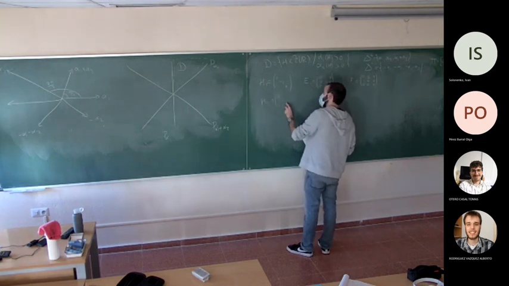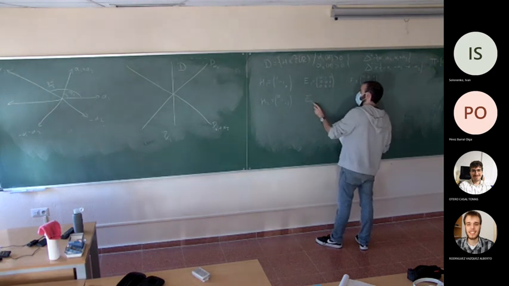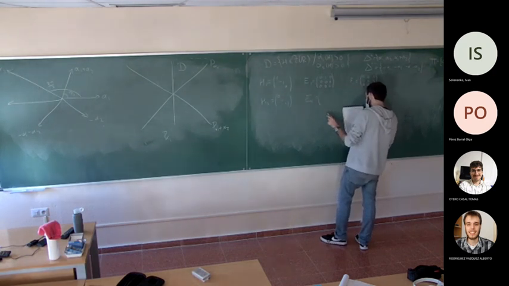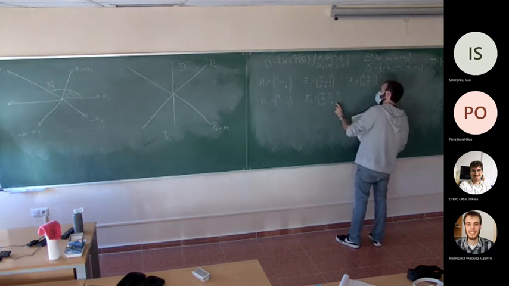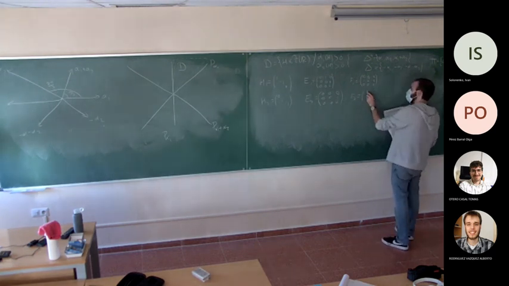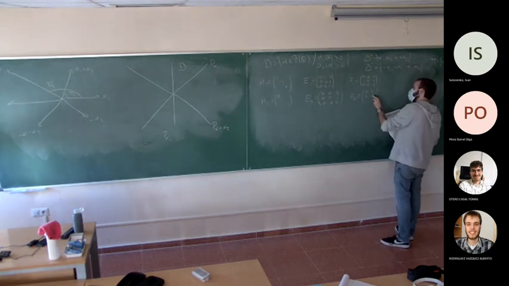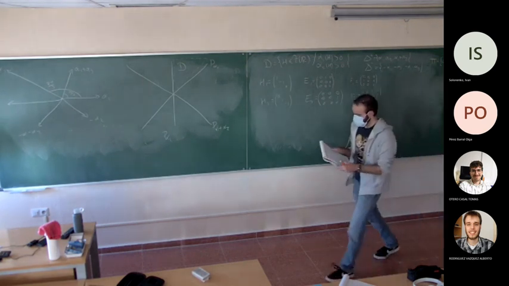H2 is 0, 1, 0, 1, minus 1. E2 is 0, 0, 0, 0, 0, 1, 0, 0, 0. And F2 is 0, 0, 0, 0, 0, 0, 0, 1, 0. A lot of binary code here.